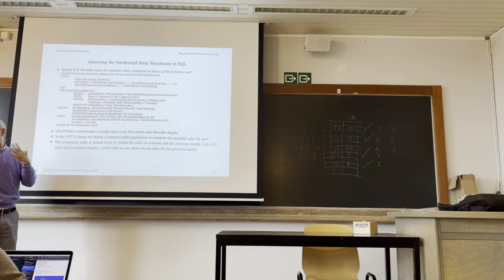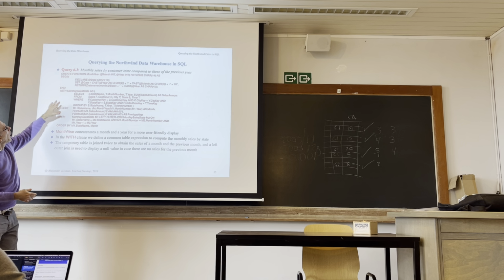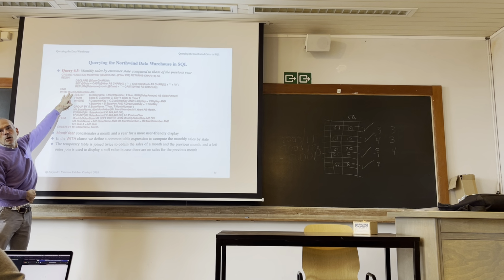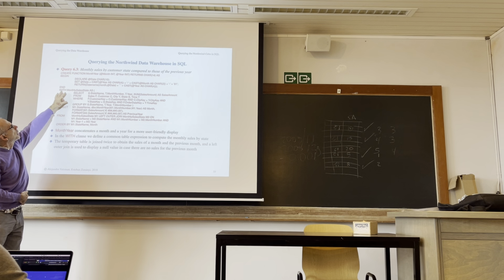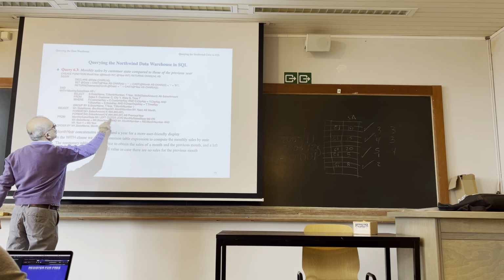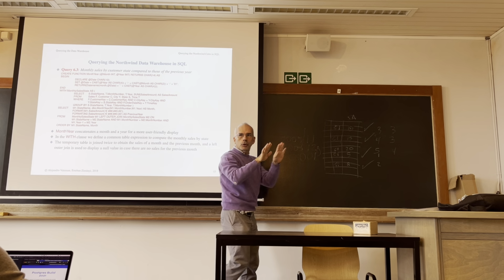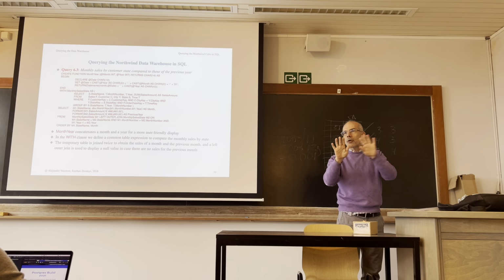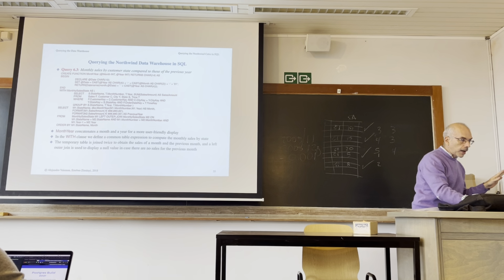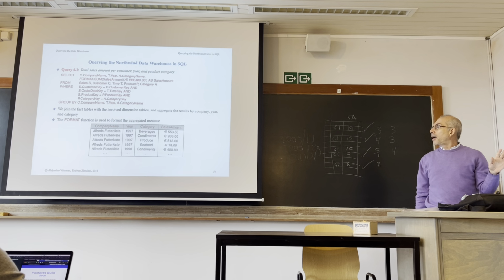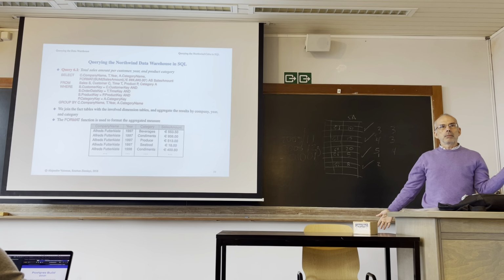So here we have a comparison. I need to compute monthly sales in a single query, and then I use this table twice with a left outer join. Whether a left outer join or a full join, the idea is that we are comparing two values. As you can imagine, it's more complex than this one.